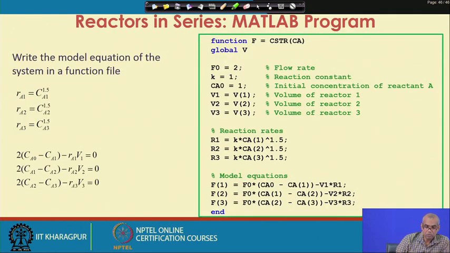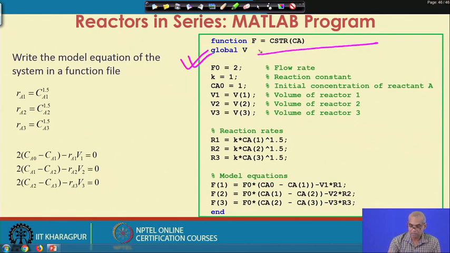First we write the model equation of the system in a function file. This is the function file where I am writing down the model equations. Note that I have defined this decision variable V as a global variable, so that it is visible to other functions that I am going to write for the same problem.